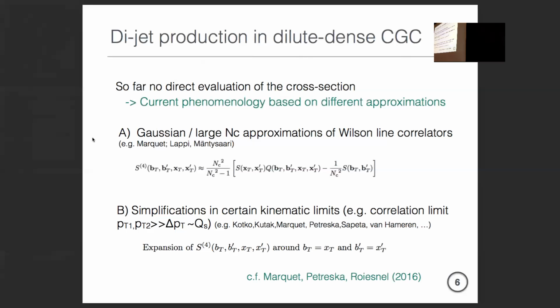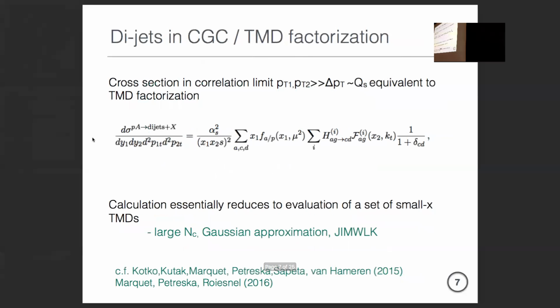If you do this, the kinematics is forced such that this complicated 6-point Wilson line operator becomes simplified. You can expand it around certain coordinates, and that leads to a very simple form of this horrible cross section, which is equivalent to the expression you get from TMD factorization. So the cross section becomes very simple, and you can see no longer any integrals, right?